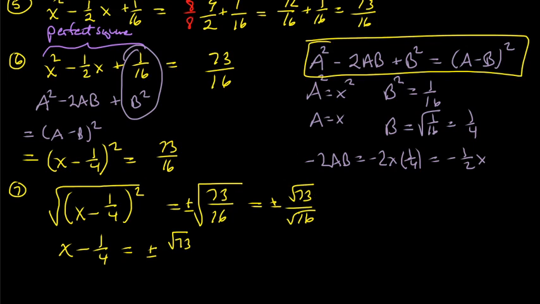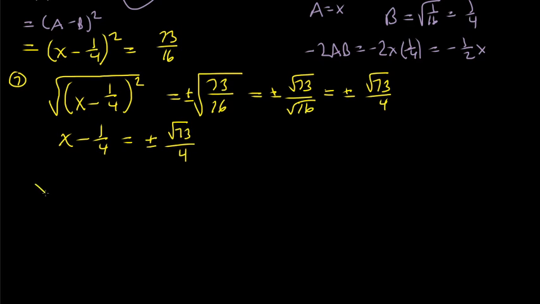Even if it's not prime, I don't think it's divisible by any perfect square. So it's not divisible by 4 or 9 or 16 or 25 or so on. So I think it's just the denominator. The square root of 16 is just 4. So the right side is plus or minus the square root of 73 over 4.